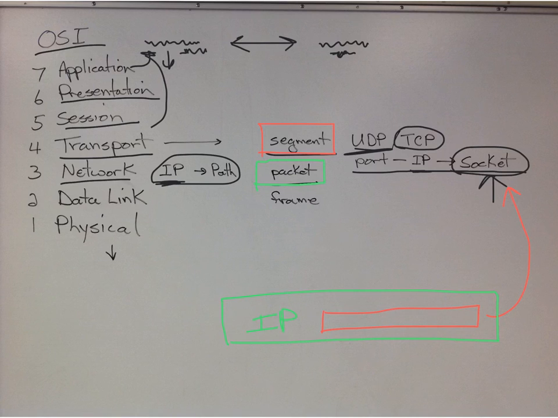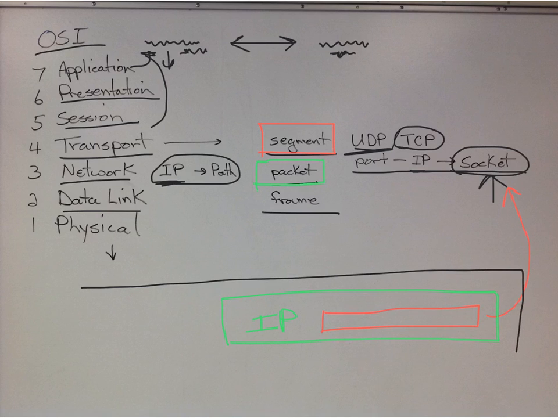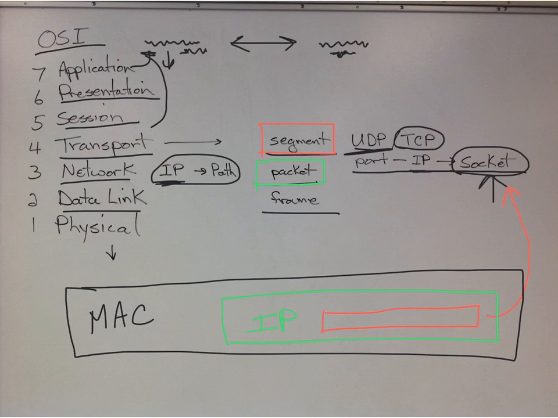And then we take the data link, we create a frame, and if you're using Ethernet or Wi-Fi, somewhere here then you have media access control addressing. And then put it on a physical medium, either wire, fiber, or wireless.